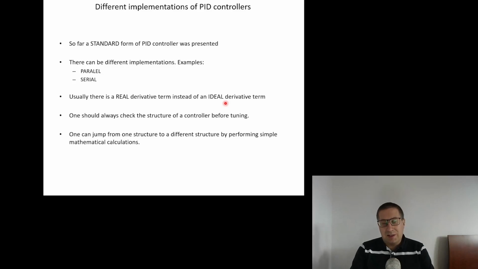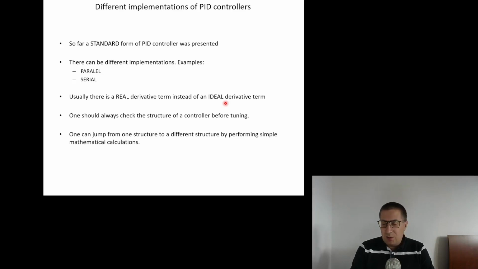All right, so we can have one more definition of the PID controller. So far we were talking about the standard form of the PID controller, but we can have different implementations, parallel, serial implementation. Usually there is a real derivative term instead of the ideal derivative term that was presented in the slides.